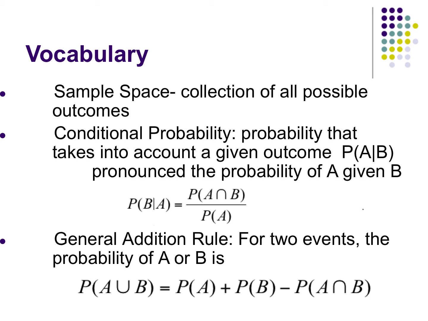Conditional probabilities are probabilities that take into account a given outcome. The notation is probability of A with a vertical line and B. And that is read, the probability of A given B. What is the probability that you are a senior given that you're in AP Stats?